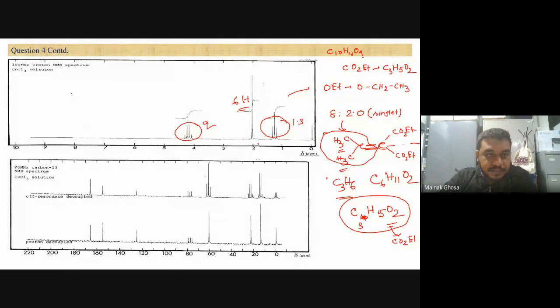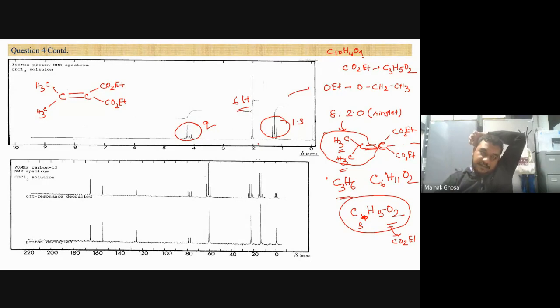A carbon double bond carbon is possible with these 4 substituents: CO2 will be there and 2 CH3 will be there. Now you can argue why these 2 are on the same side.